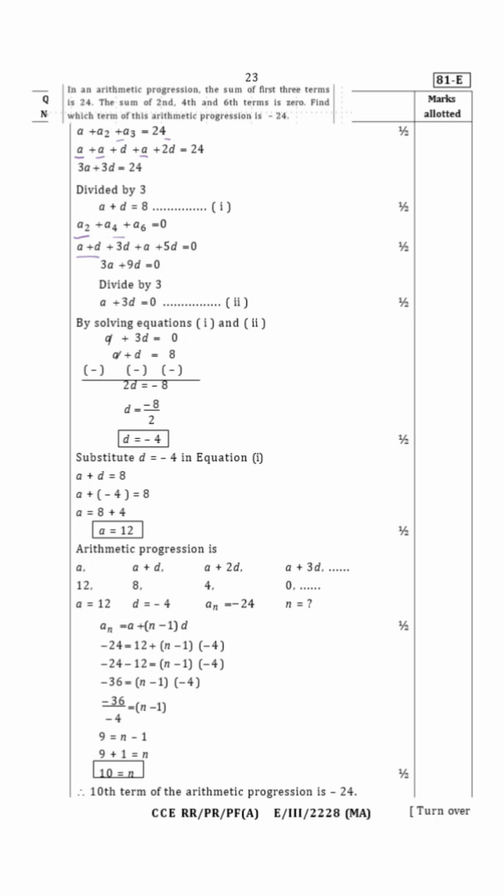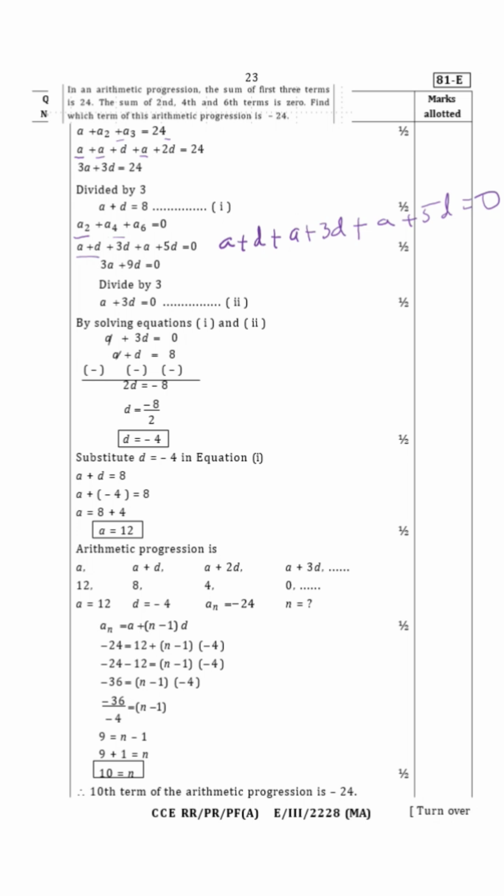Here something has been missed. Okay, typing error, it must be A plus D plus A plus 3D plus A plus 5D is equal to 0.